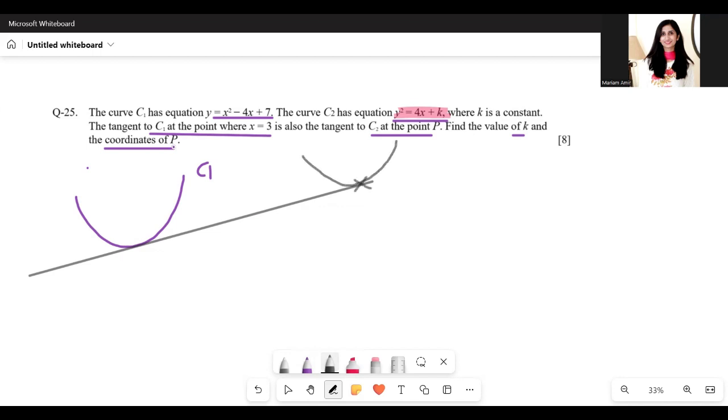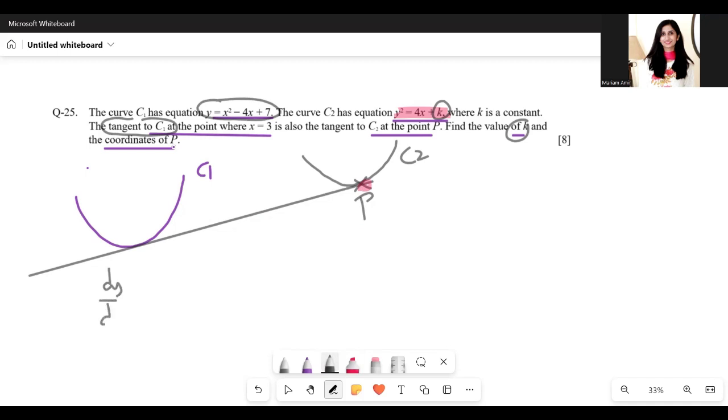The tangent is also tangent to C2 at point P. And we have to find the value of k, which is this value, and also the coordinates of P. Since this started with the tangent at C1, that'll be found from dy by dx.